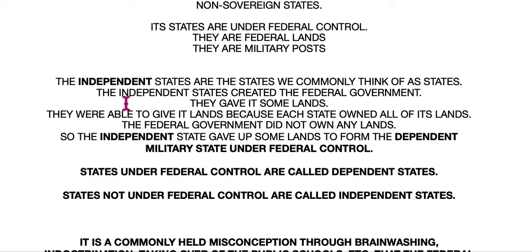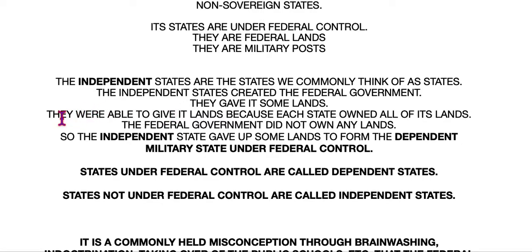The independent states are the states we commonly think of as states. These are the ones in the Articles of Confederation. The independent states created the federal government. They gave it some lands.